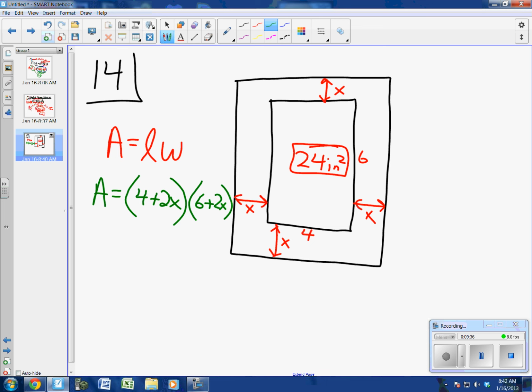Look, you guys, how long is it from here to there? Well, it's that 4 plus that x and that x, right? You guys all see that? You're going to see lots of problems like this in your math careers. You're going to have to write an expression for this.